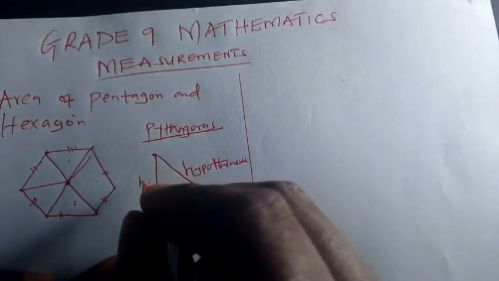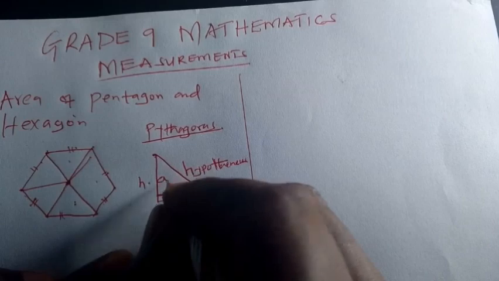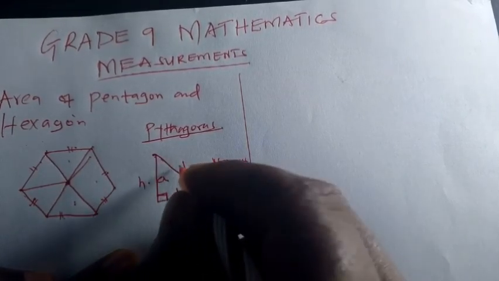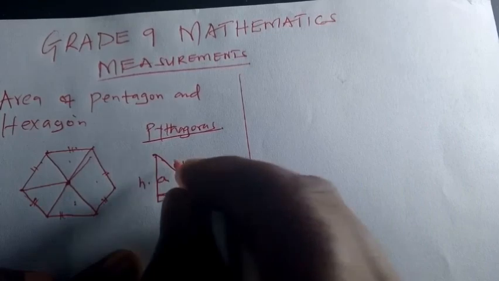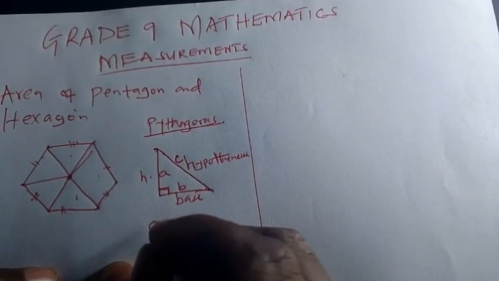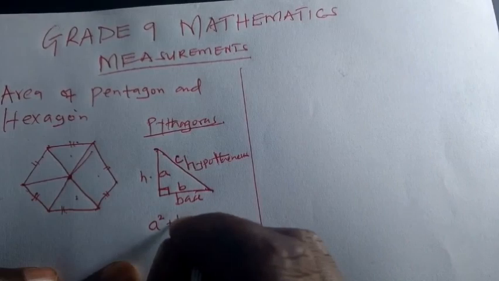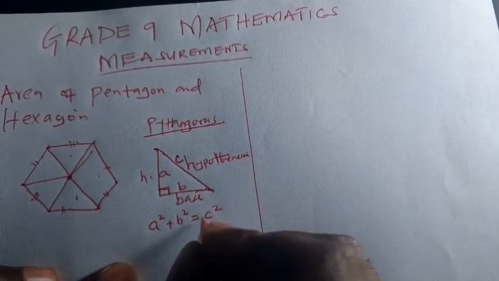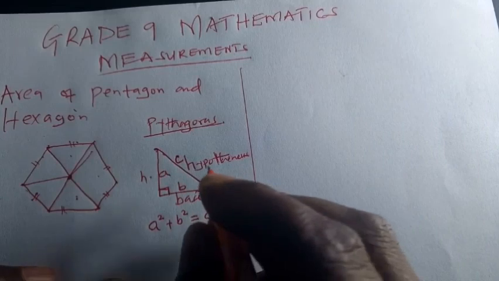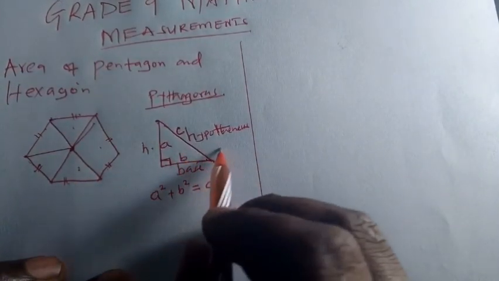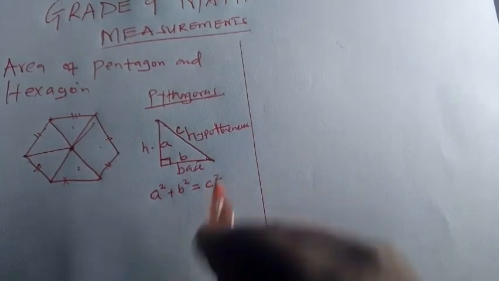So if I give the height letter A, the base letter B, and the hypotenuse letter H or C, then you need to know, and I know you know, that A squared plus B squared will be equal to C squared. This is called the Pythagoras theorem. So for any right-angled triangle, that is the case.